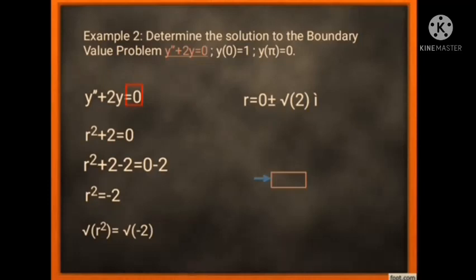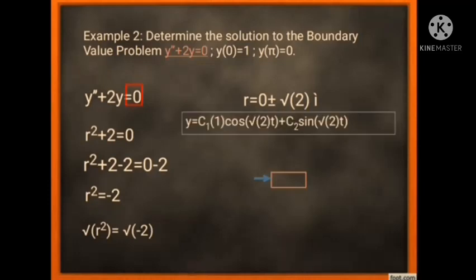Remembering that when we get imaginary roots of the characteristic equation, we use sine and cosine. So our general solution will be y = c1 cos(√2 t) + c2 sin(√2 t), since e to the power of 0 is 1.